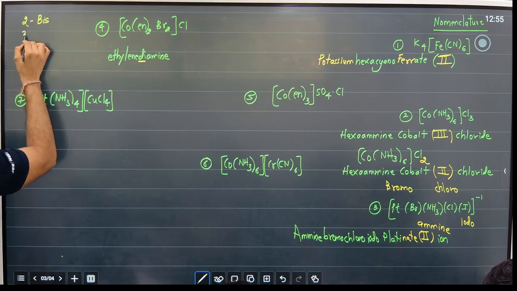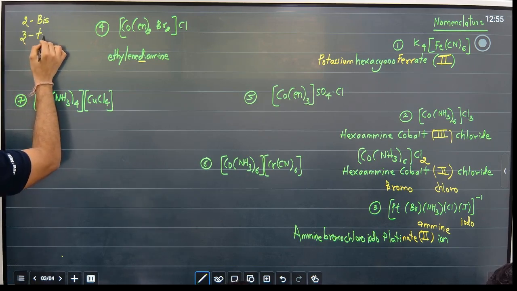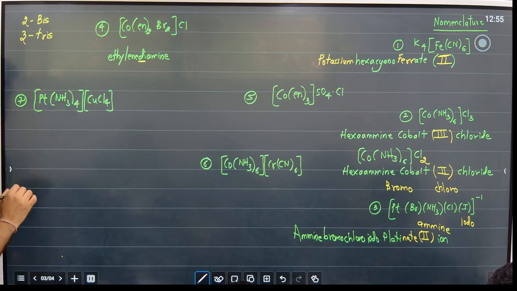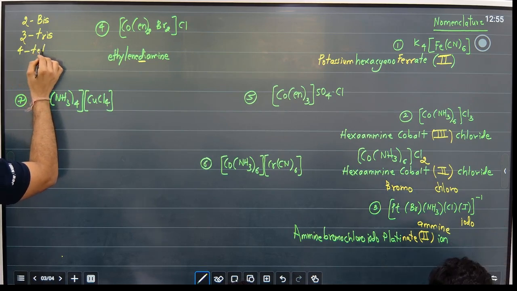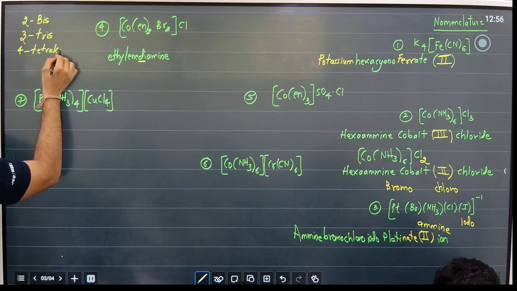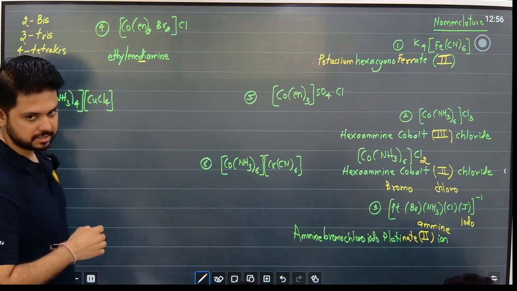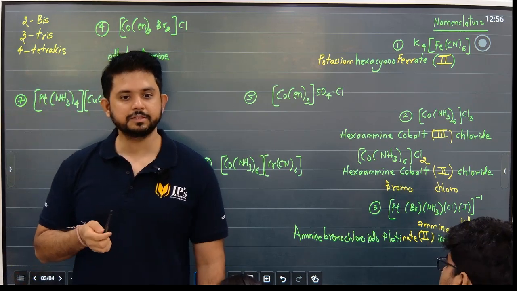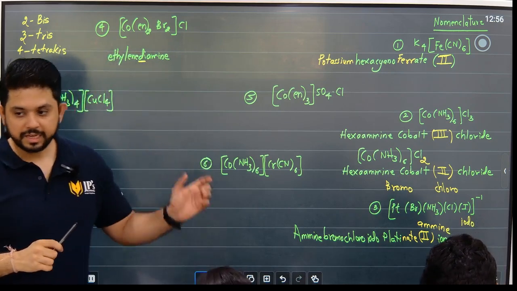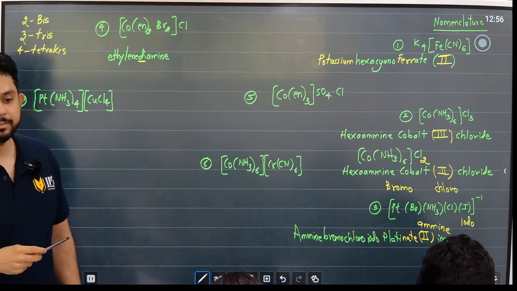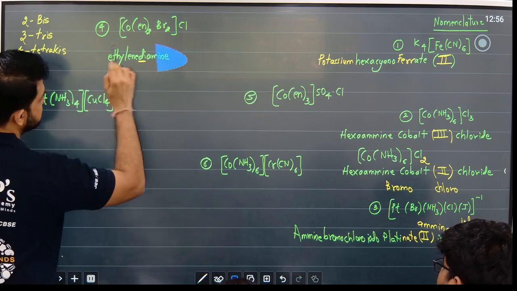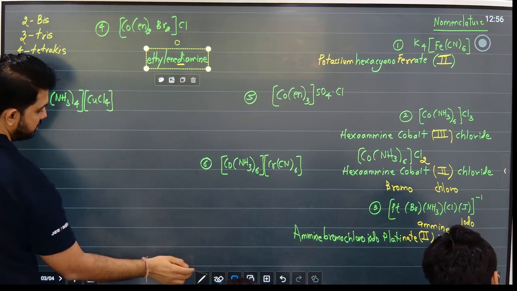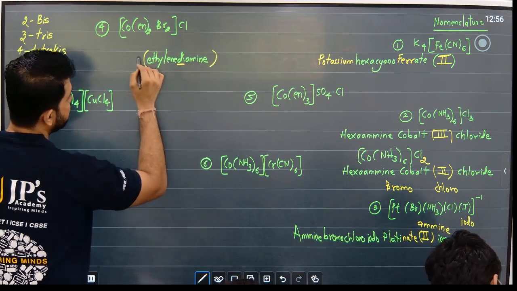If the ligand is repeating thrice, tris. If the ligand is repeating four times, not tetris, tetrakis. Understood? So, en here is repeating how many times? So what will we write? Bis. Understood?